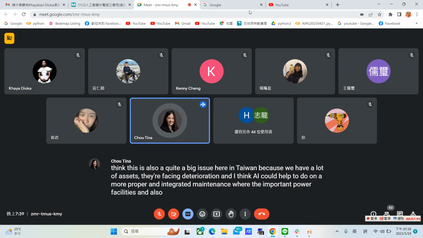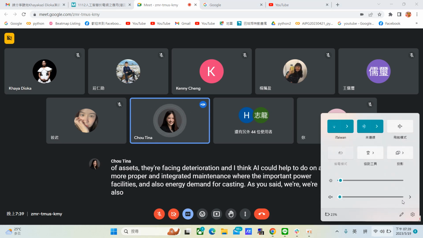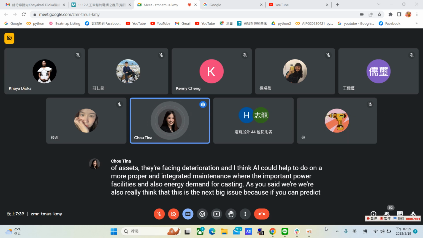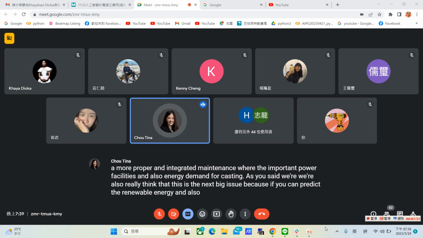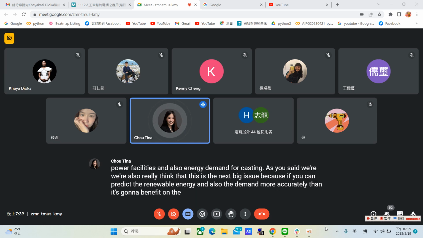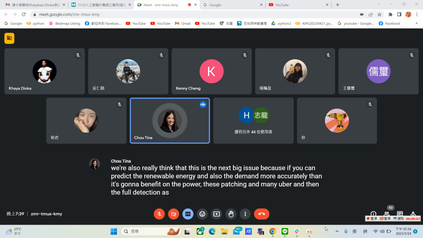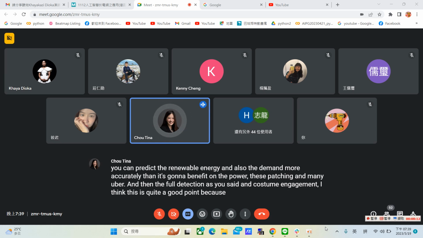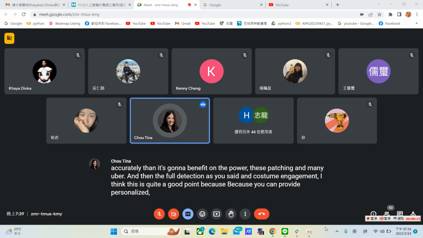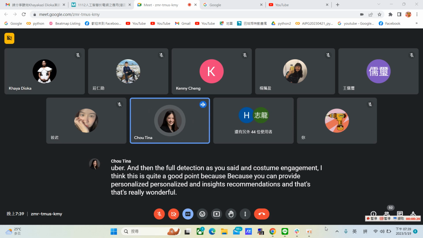And also energy demand forecasting, as you said, we really think this is the next big issue, because if you can predict the renewable energy and also the demand more accurately, then it's going to benefit the power dispatching and maneuver. And then the fault detection, as you said, and customer engagement, I think this is quite a good point, because you can provide personalized insights and recommendations, and that's a really wonderful point of view.